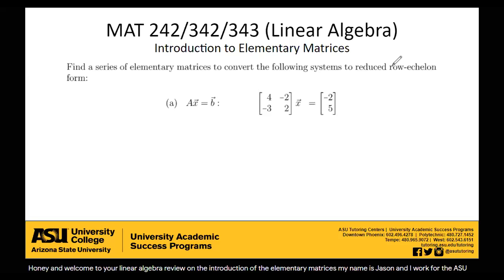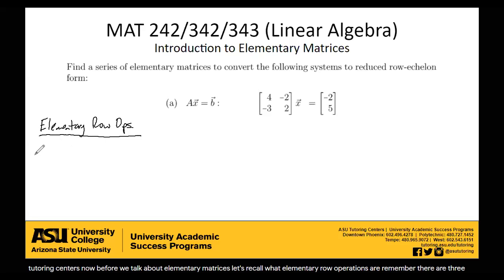Now before we talk about elementary matrices, let's recall what elementary row operations are. Remember there are three elementary row operations. I'm just going to say ops. There are three of them. The first one is that we can swap two rows. Given any matrix A, we can swap any two rows.